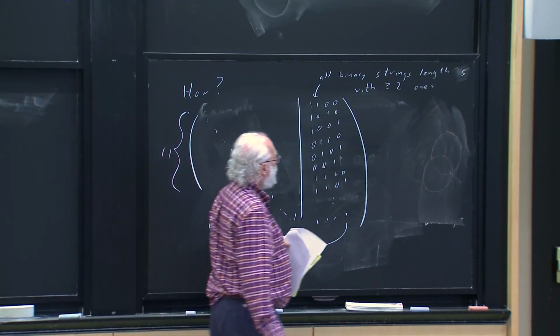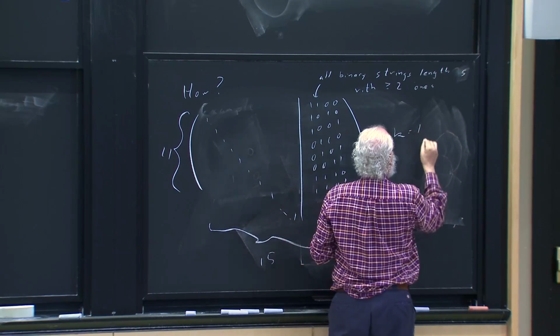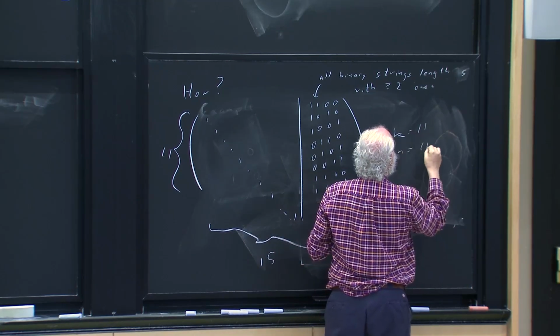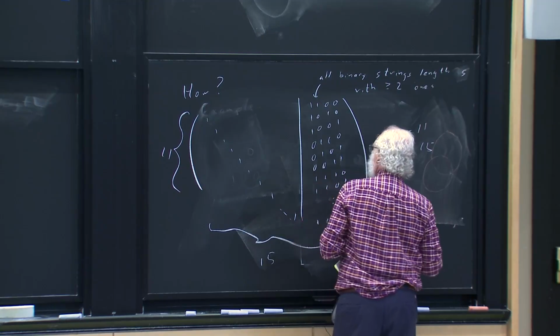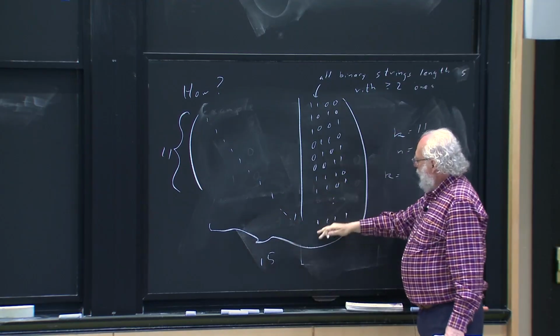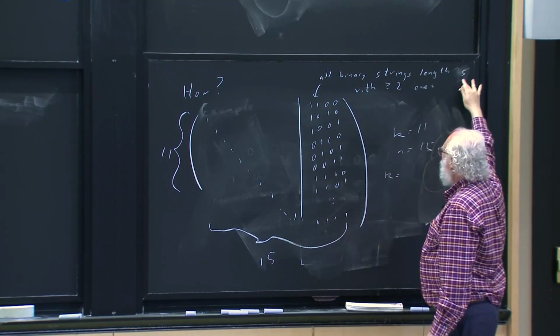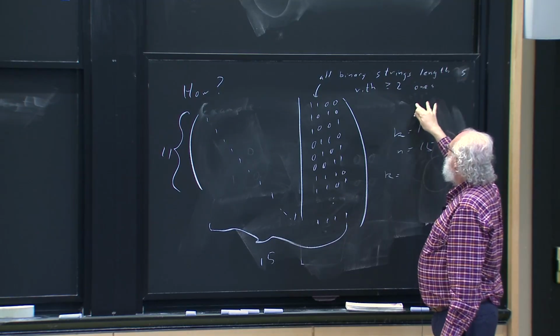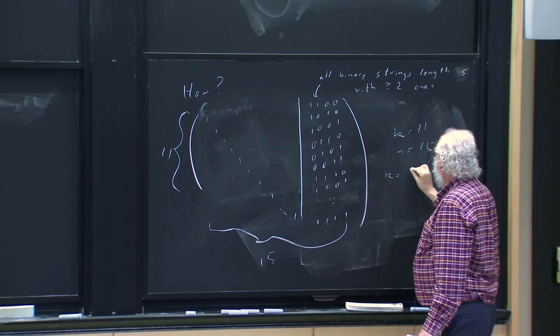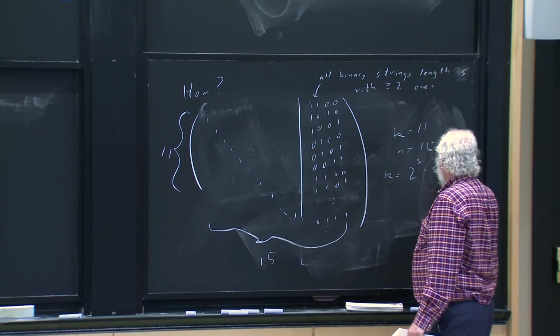So here, k equals 11, n equals 15. K equals, well, there are 2 to the s strings of length s total, and if we remove the ones with one 1 and the one with zero 1s, you get 2 to the s minus s minus 1.